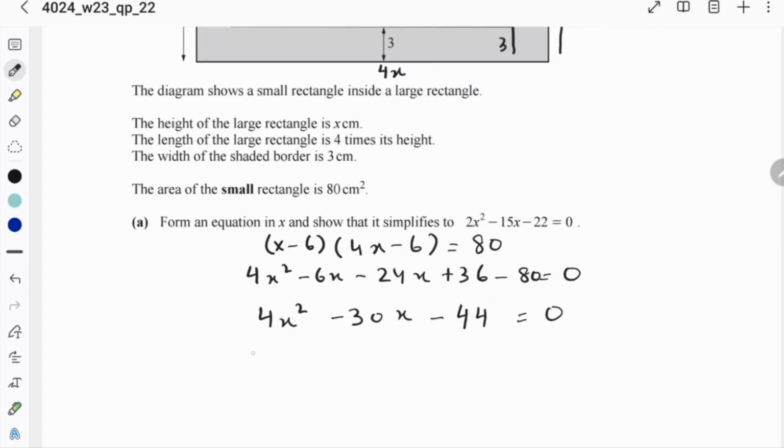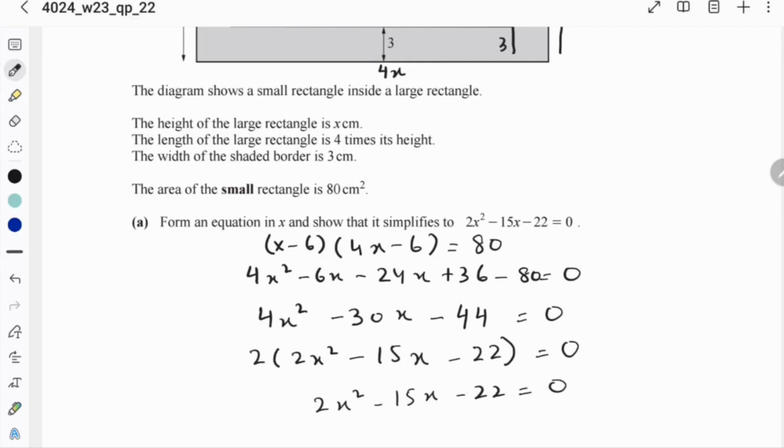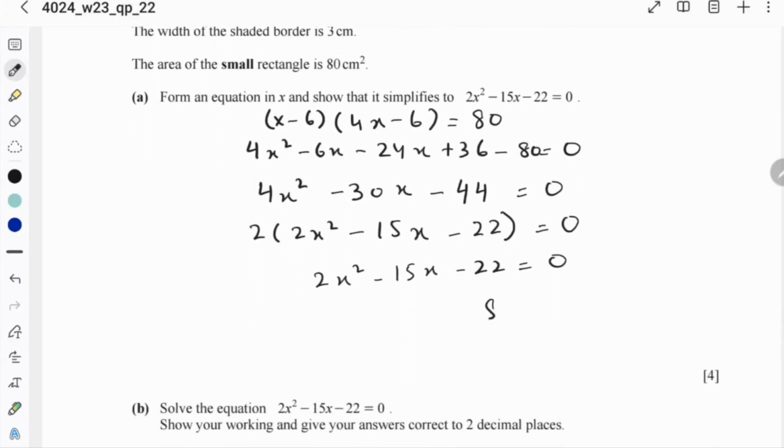Take common 2: 2x square minus 15x, since 2 times 15 is 30, and minus 22, since 2 times 22 is 44. 2x square minus 15x minus 22 equals 0. This we had to show.